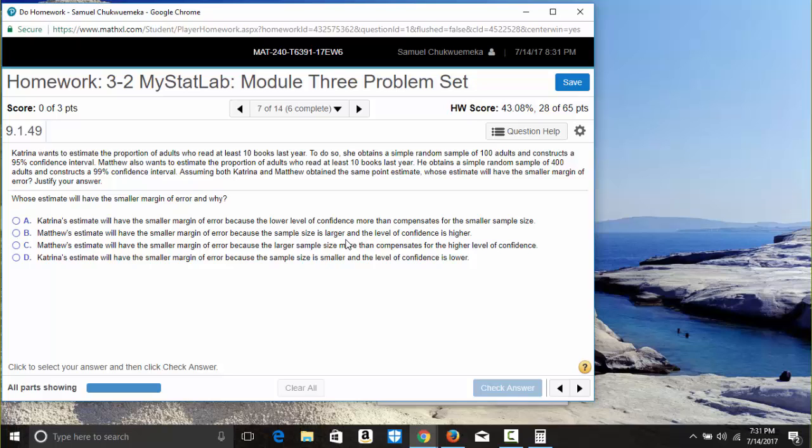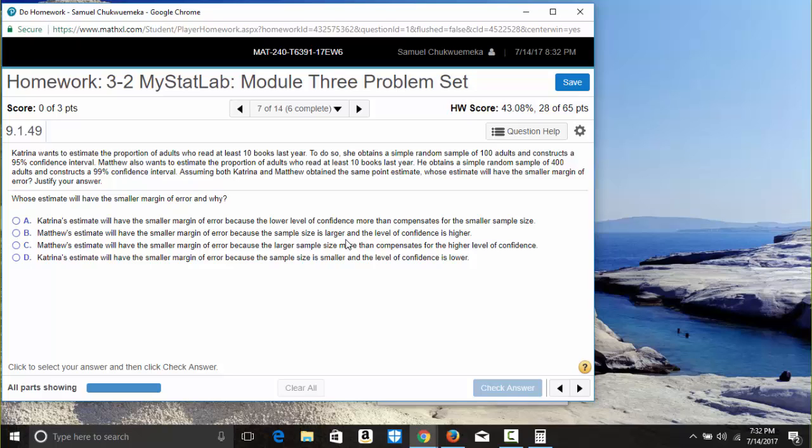Matthew also wants to estimate the same proportion. He obtains a simple random sample of 400 adults and constructs a 99% confidence interval. Assuming both Katrina and Matthew obtain the same point estimate, whose estimate will have the smaller margin of error?